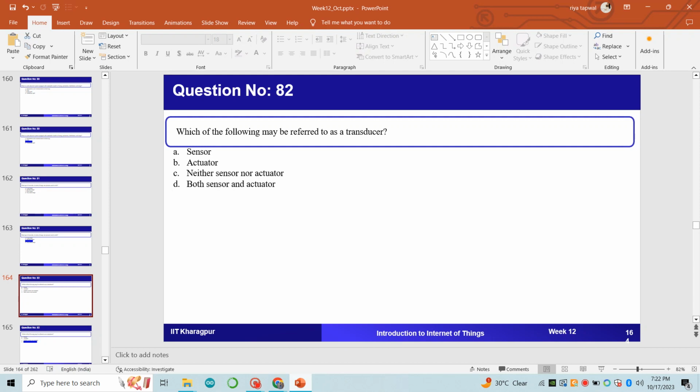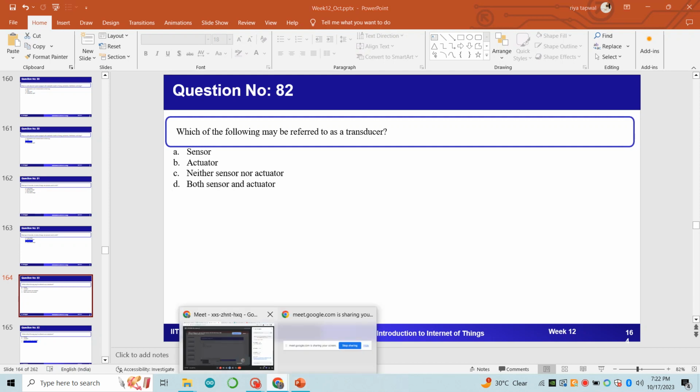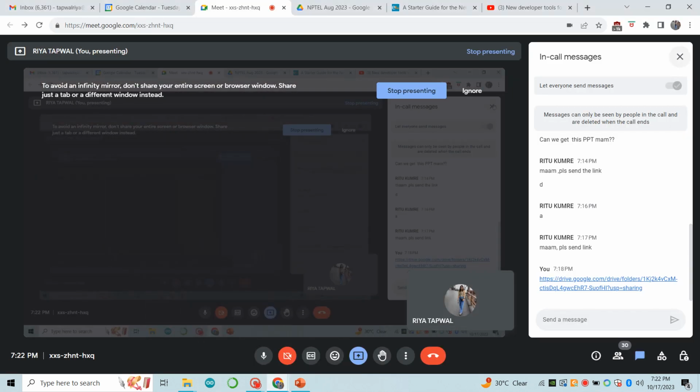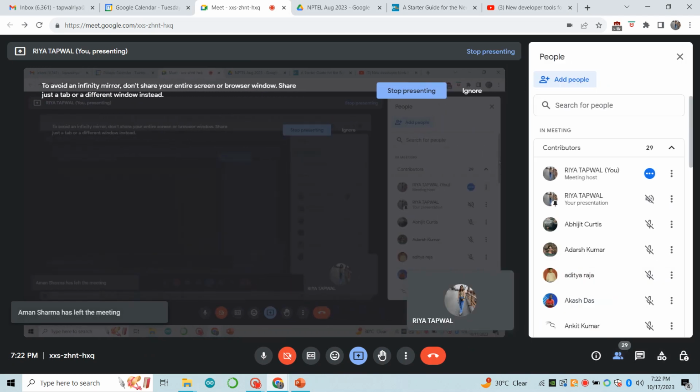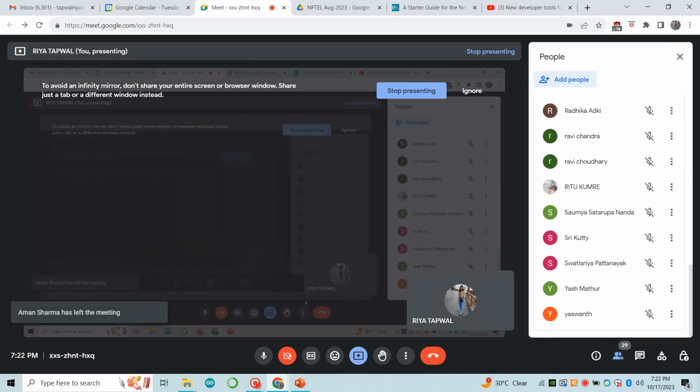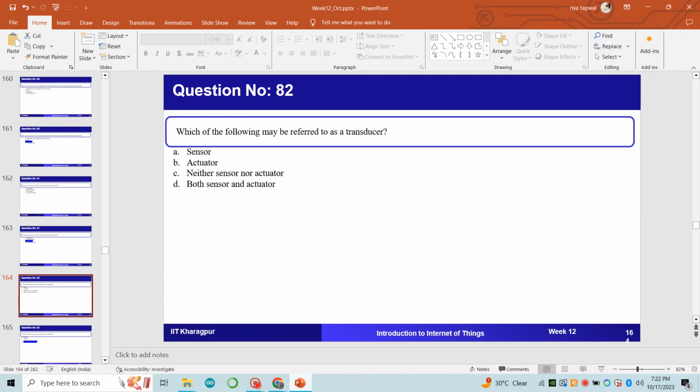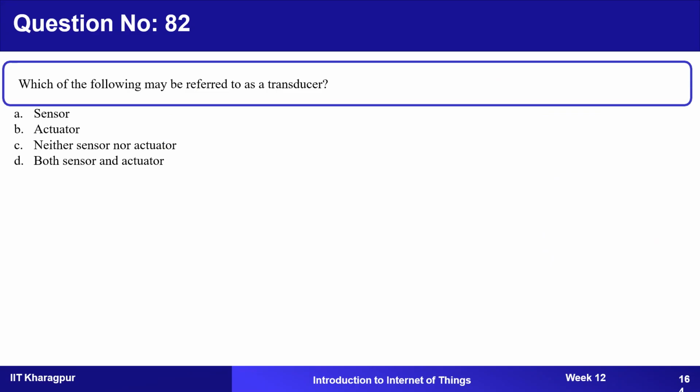Please mute. Yeah, so correct option for this is D, both sensor and actuator.